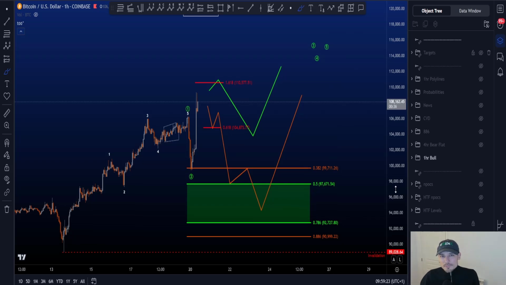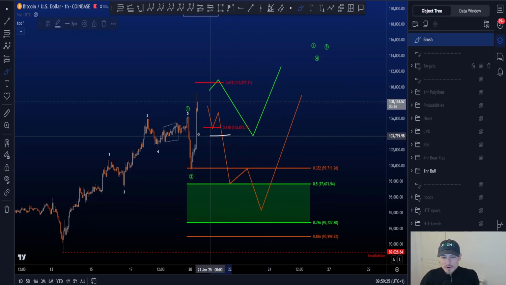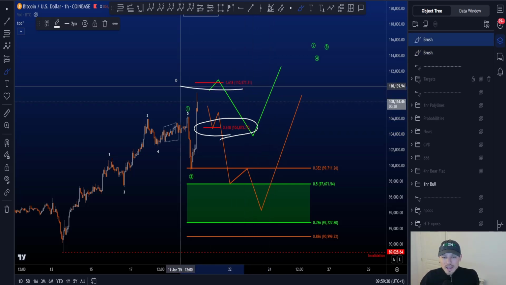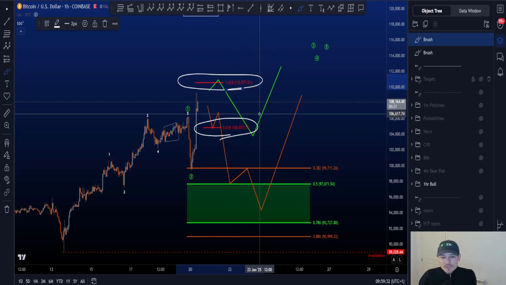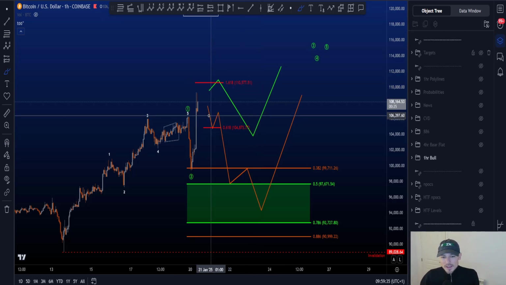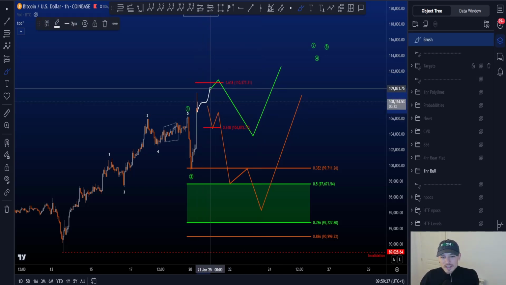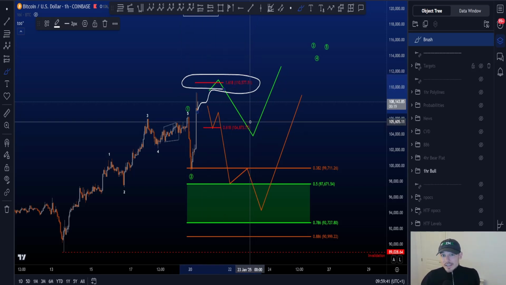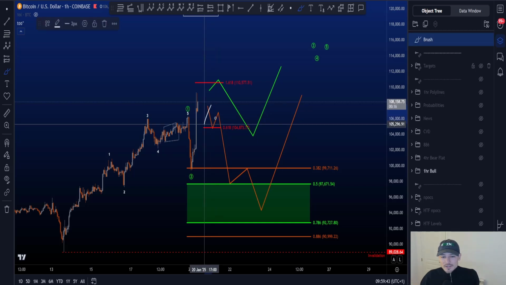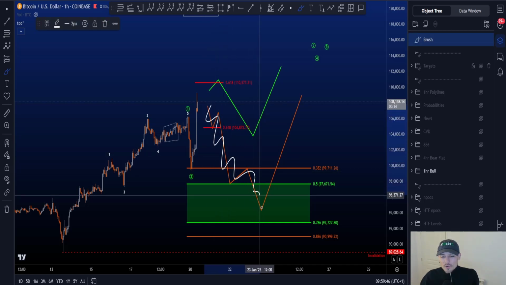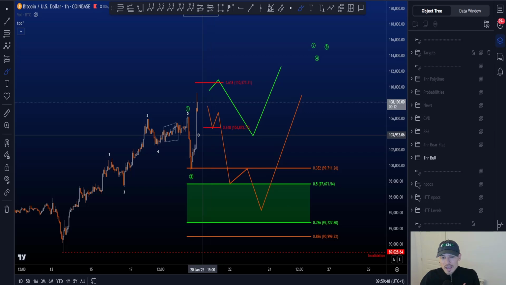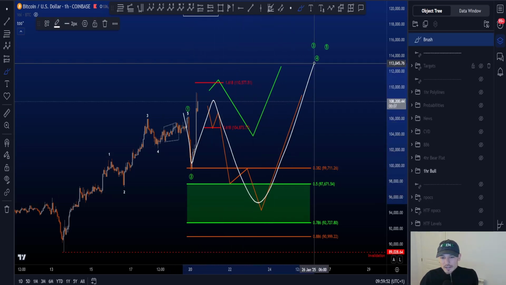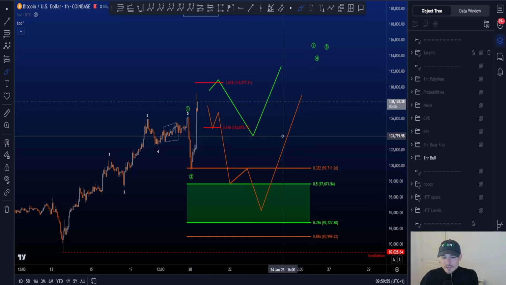Now the two most important levels on the chart at the moment are the 0.618 at 104.8k and the 1.618 at 110.6k. If price can move towards the upside and touch the 1.618 at 110.6k, it will significantly decrease the probabilities for the orange polyline price action, as then the probabilities for a flat A, B, C and then continuation up are going to decrease.